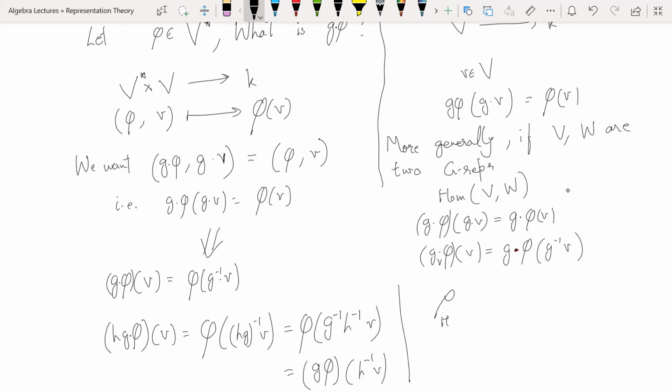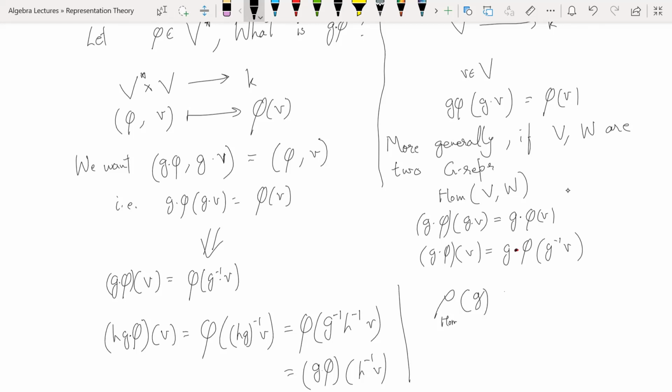Rho Hom. I'll just abbreviate it as the representation for rho. So rho Hom of G, let's just get rid of the subscript here, evaluated at, so this rho Hom of G is going to be a representation of Hom(V, W).